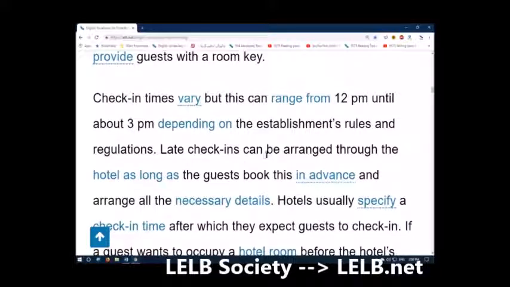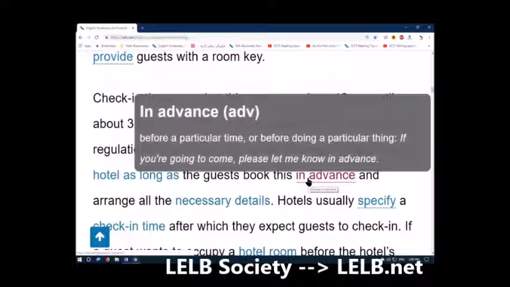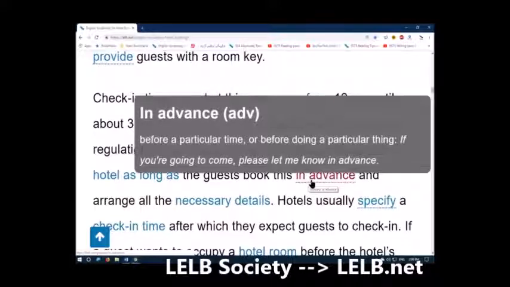Late check-ins can be arranged through the hotel as far as the guests book this in advance. As I said, book means making a reservation as a verb. In advance means beforehand, before a particular time or before doing a particular thing.